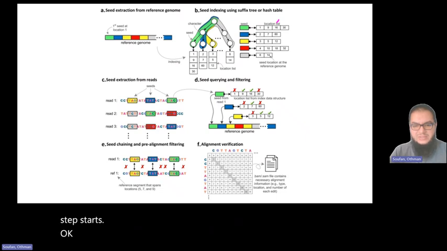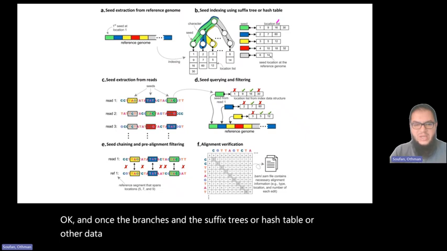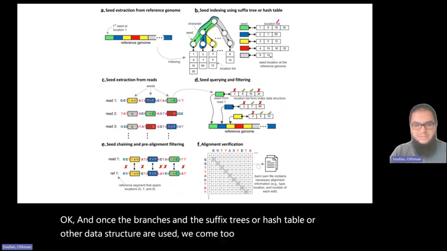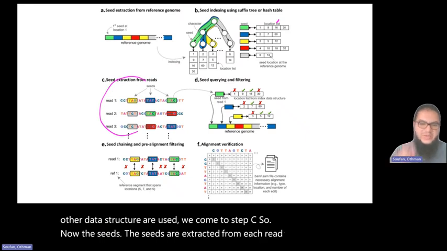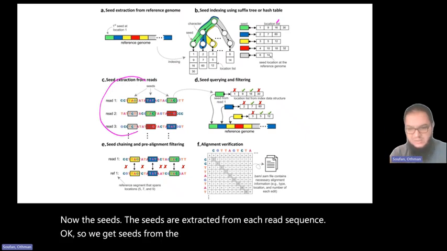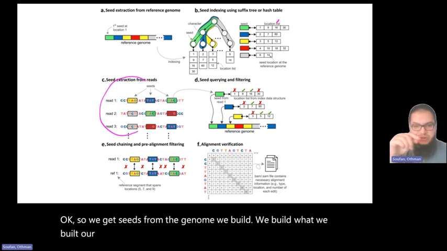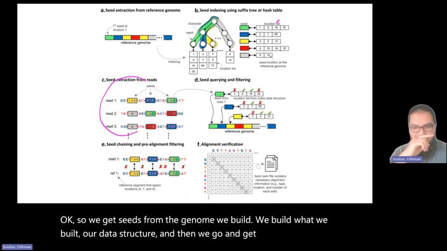Once the branches and the suffix trees or hash table or other data structure are used, we come to step C. Now the seeds are extracted from each read sequence. So we get seeds from the genome, we build our data structure, and then we get the seeds from read sequences.